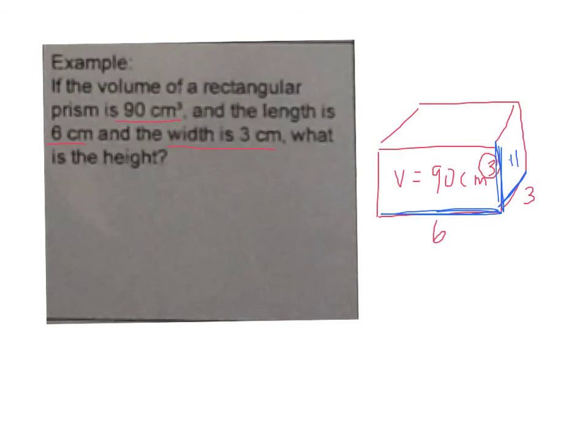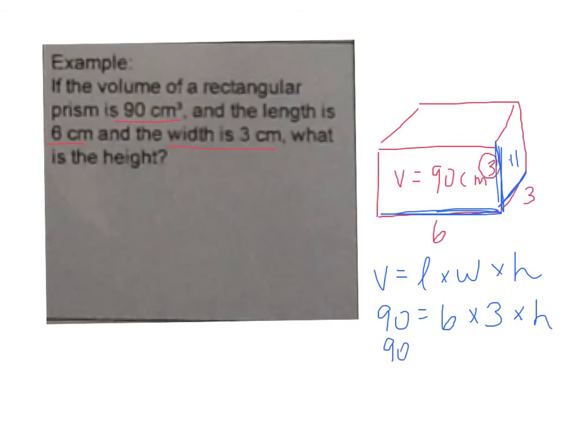Well, knowing my formula that volume equals length times width times height, I'm going to fill in what I know. I know my volume equals 90. I know my length equals 6. I know my width equals 3. And I still don't know my height. So let's solve for what I can so far.